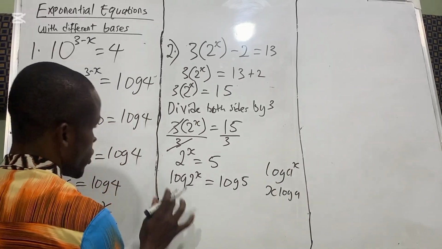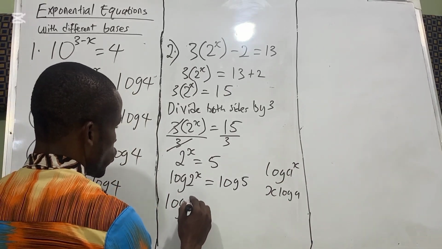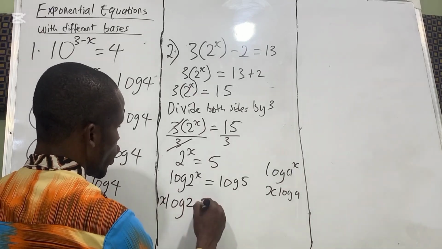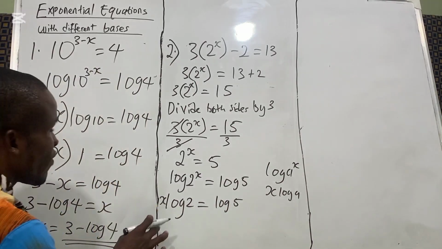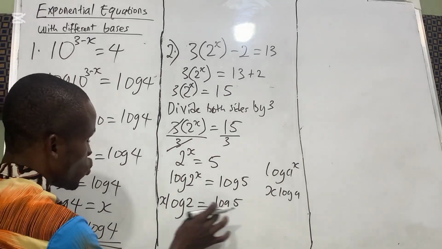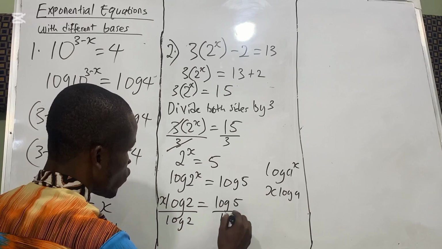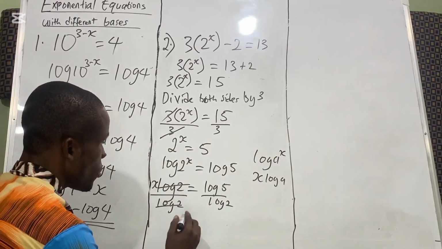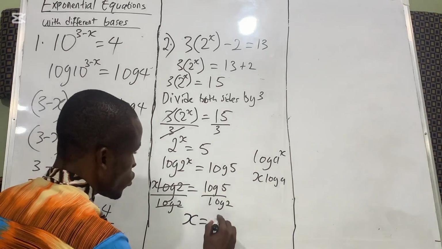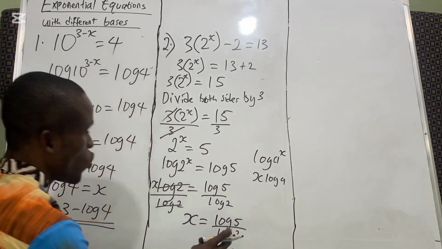Applying that here, it becomes x log 2 equals log 5. Next step is that we divide both sides by log 2, so that cancels out. At this point, we have x equals log 5 divided by log 2, which is the solution of this question.